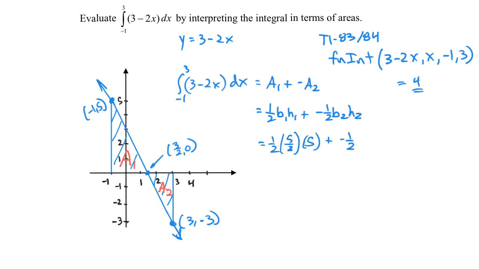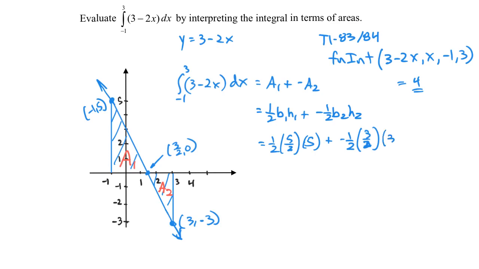Plus -1/2. So we look at this second triangle. The base here, well, if this is 3/2 and this is 3, in other words, this is 1.5 and this is 3, this base is 1.5 or 3/2. So you can put the 3/2 here. And then the height of this triangle, you can see since this is -3, the height of this is 3.